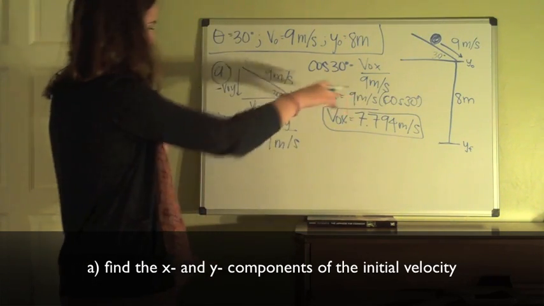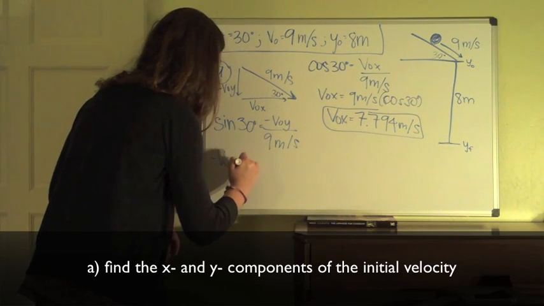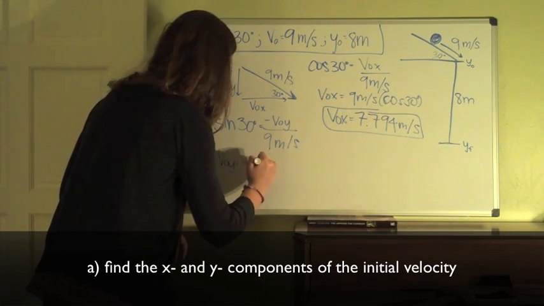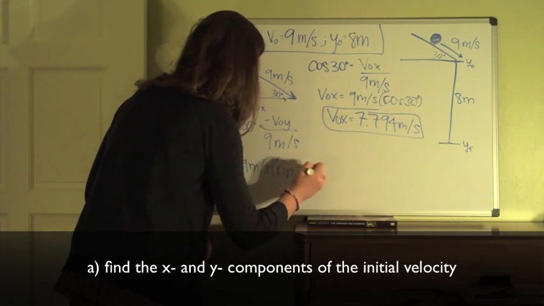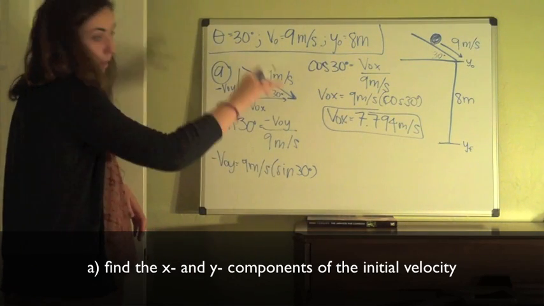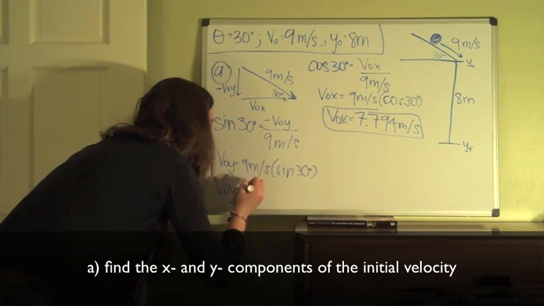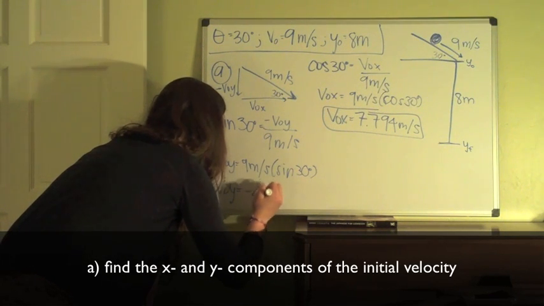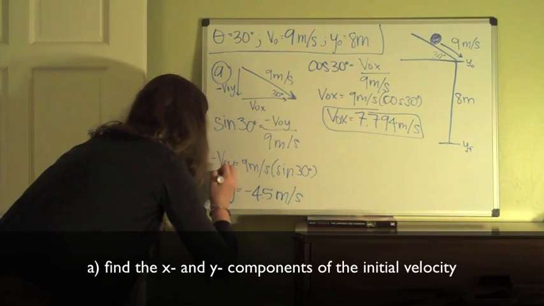We do the same thing as we did here, multiplying to get v0y on its own. When we multiply that out and bring the negative sign over to the other side, we get that v0y is equal to negative 4.5 meters per second.